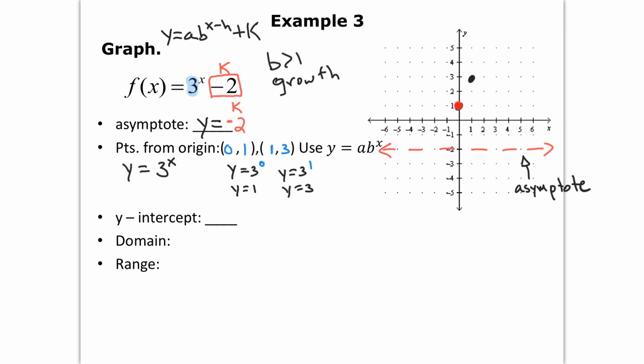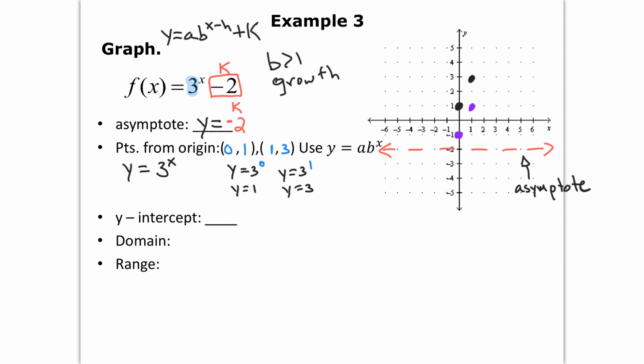So my first point, this one, I'm going to go 1 down, 2 down. So I'm going to make another point, a new point, right here. And my second point, which is this one, I'm going to go 2 steps down, 1, 2, and I make another point right there. Your graph, the actual transformation, is represented by the purple points right here.